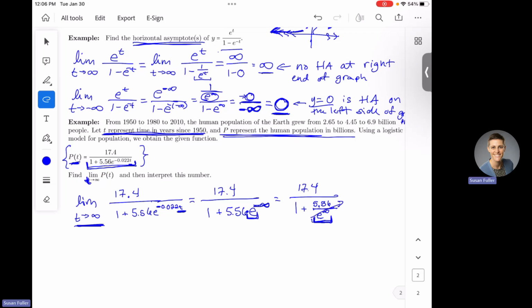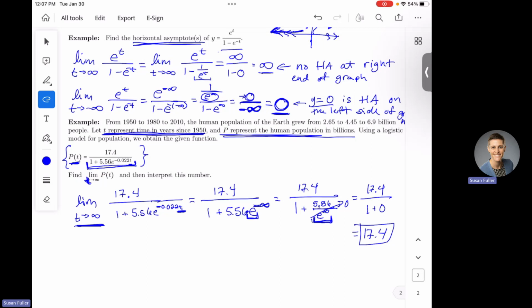This thing heads towards 0. So that means this is going to become 17.4 divided by 1 plus 0, because this gets smaller and smaller. 17.4 divided by 1 is 17.4. That is the limit as t approaches infinity.